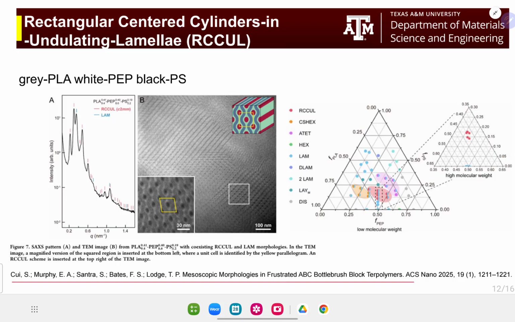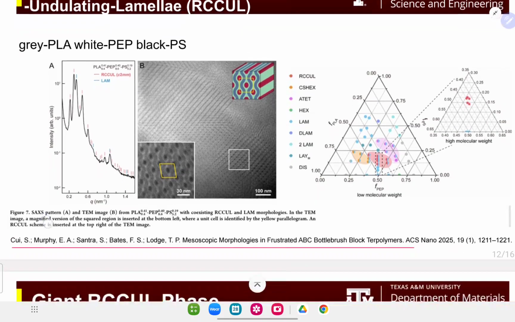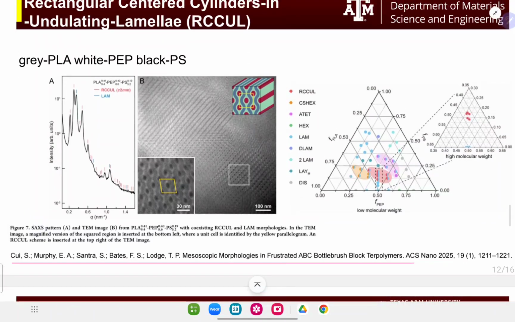It is likely due to the oblique slicing during cryomicrotoming or deformation during sample preparation, like we mentioned before. And in figure 7B, the black cylinders correspond to PS domains, and the undulating gray layers represent PLA domains, and both are embedded within the white PEP matrix.